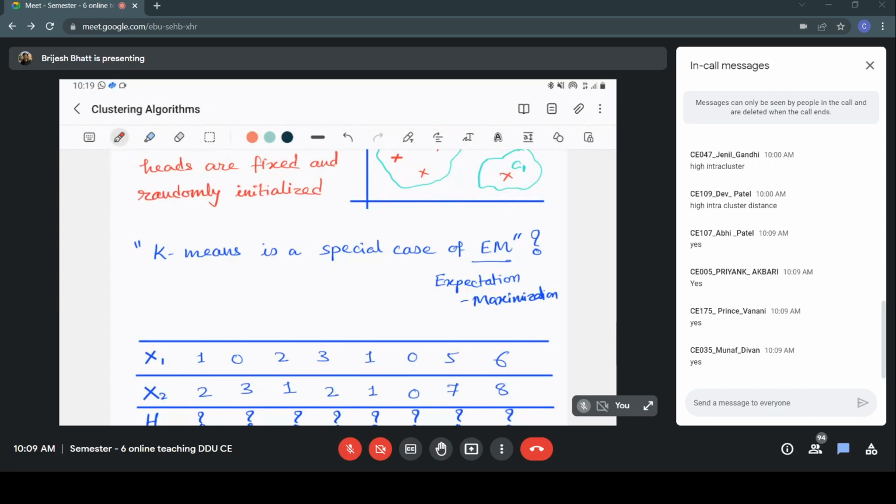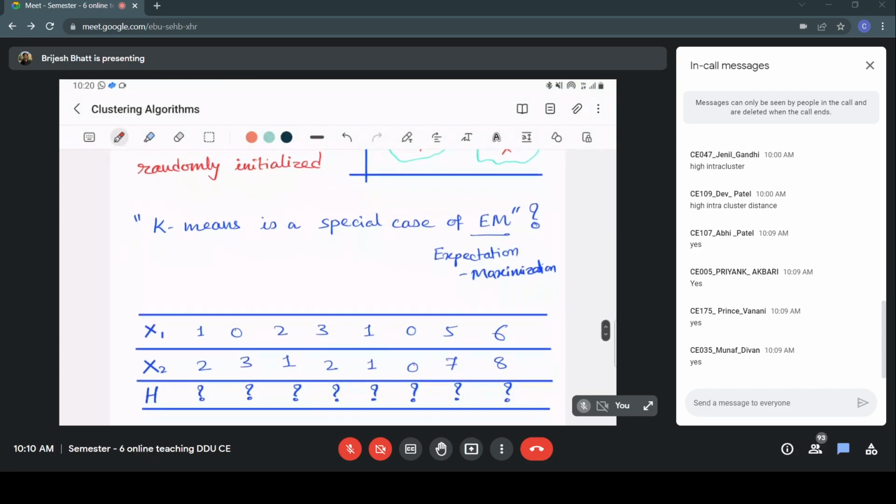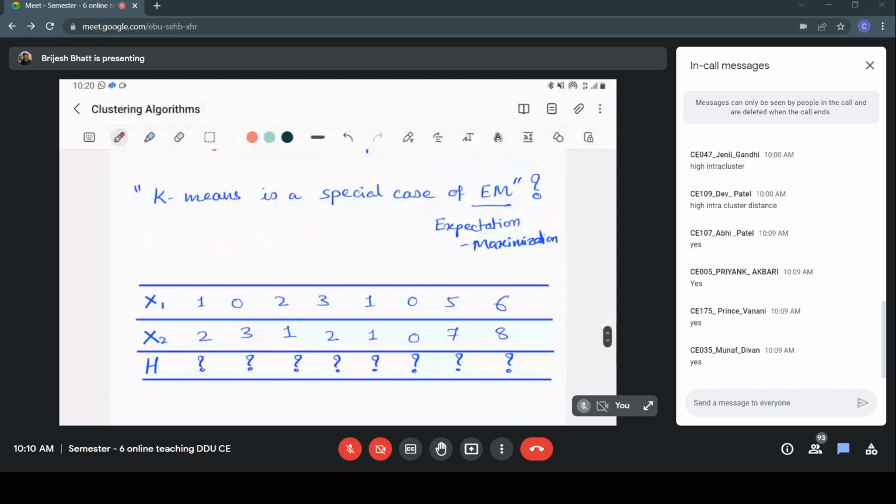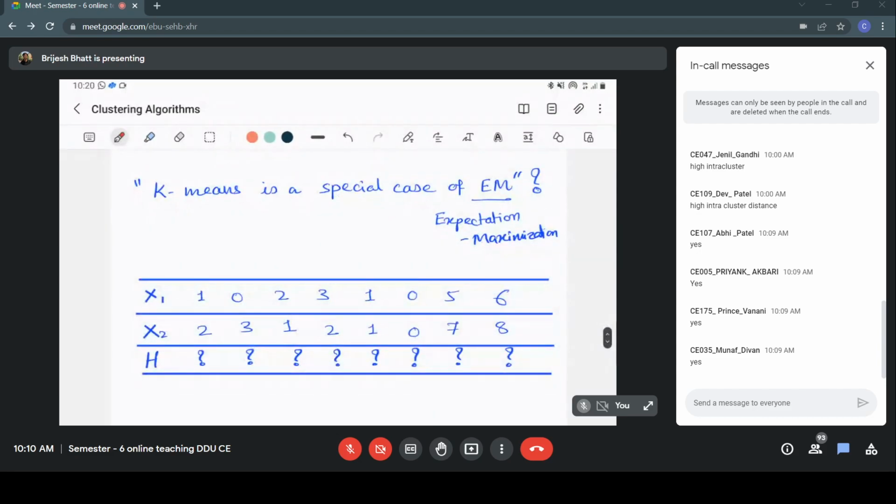Okay. So I was talking about K-means being a special case of expectation maximization. If you remember, we did this during our discussion of expectation maximization. Can you relate how it works, or are you able to relate K-means and expectation maximization?